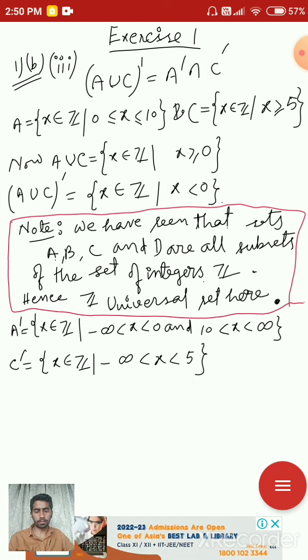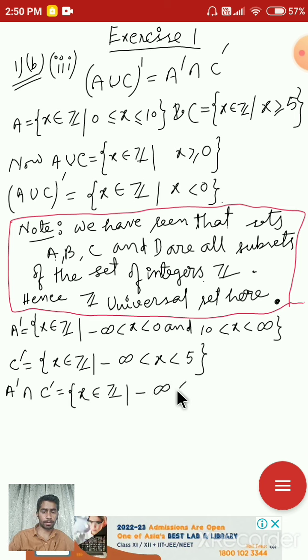Therefore A complement intersection C complement will be the set of integers which are both in A complement as well as in C complement, that is the elements minus infinity less than x less than 0.